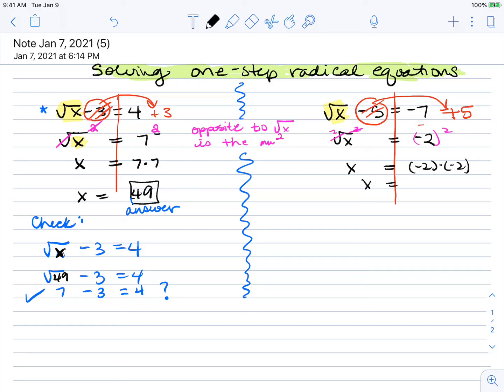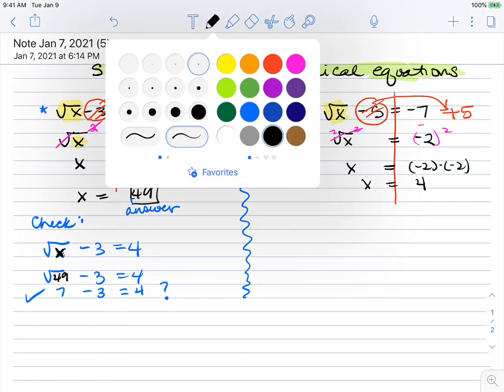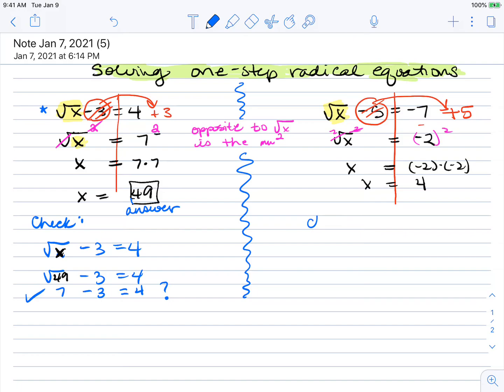Well, that is 4, because negative 2 times negative 2 is a positive 4. But I have to check my answer and make sure that it worked. So I start up here with the original equation: the square root of x minus 5 equals negative 7.